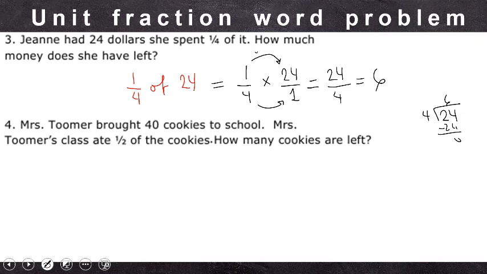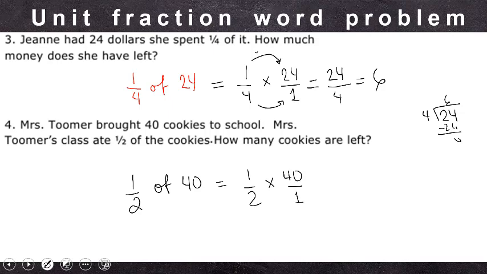Let's do the same for the next problem. Mr. Timmer brought 40 cookies to school. Mr. Thomas' class ate 1/2 of the cookies. How many cookies are left? Okay, we want to know what 1/2 of 40 is. Remember, 1/2 multiplied times 40, the whole number.